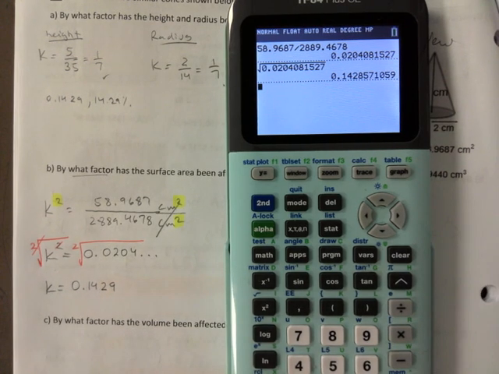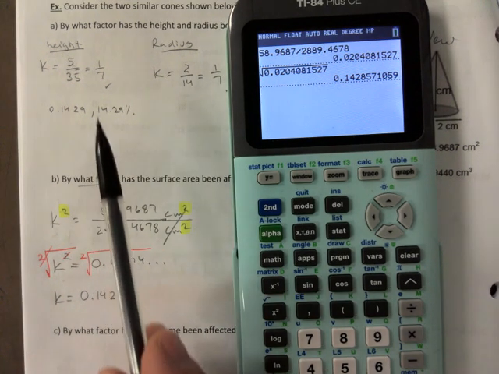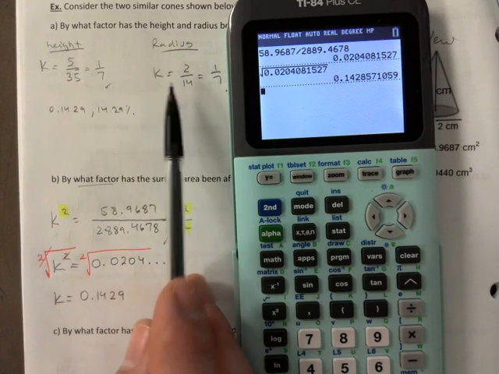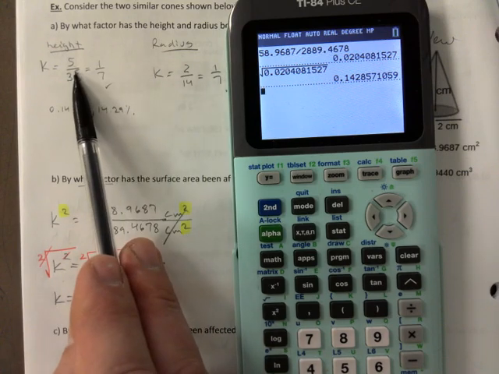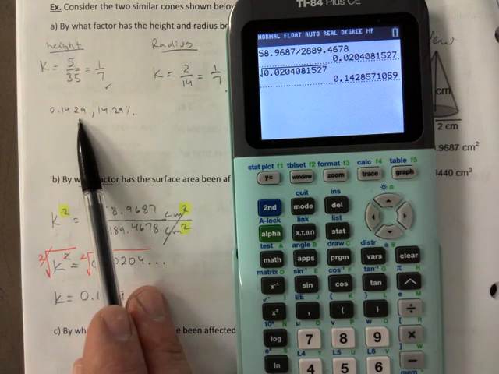I stayed to 4 decimals. It's not a big deal. Do you see if you go back up to this one here, whether or not you reduced it, it doesn't really matter. If you turn that into a decimal, you get 14.29.